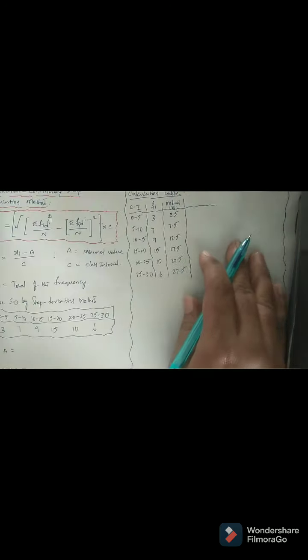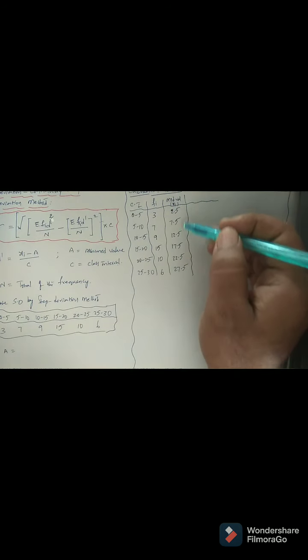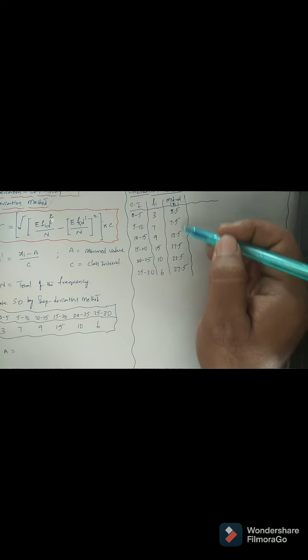Now as usual, whatever things are required we calculate. Before that, let us logically decide what would be the appropriate value for A. Always remember that when you assume any value, it should be meaningful, almost near to the calculated values.